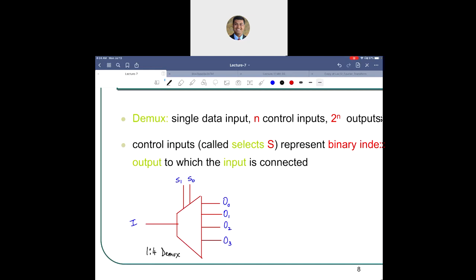So let us characterize this in the form of a few statements.